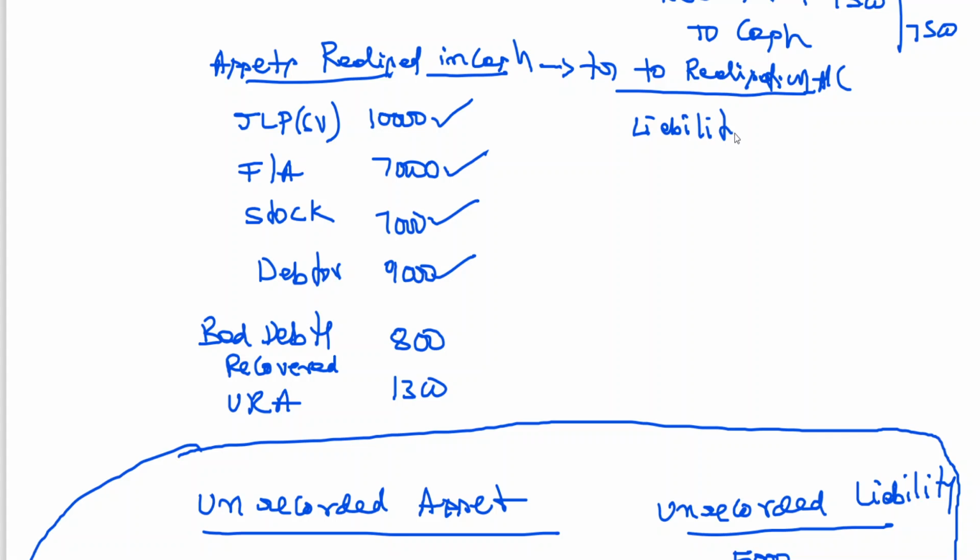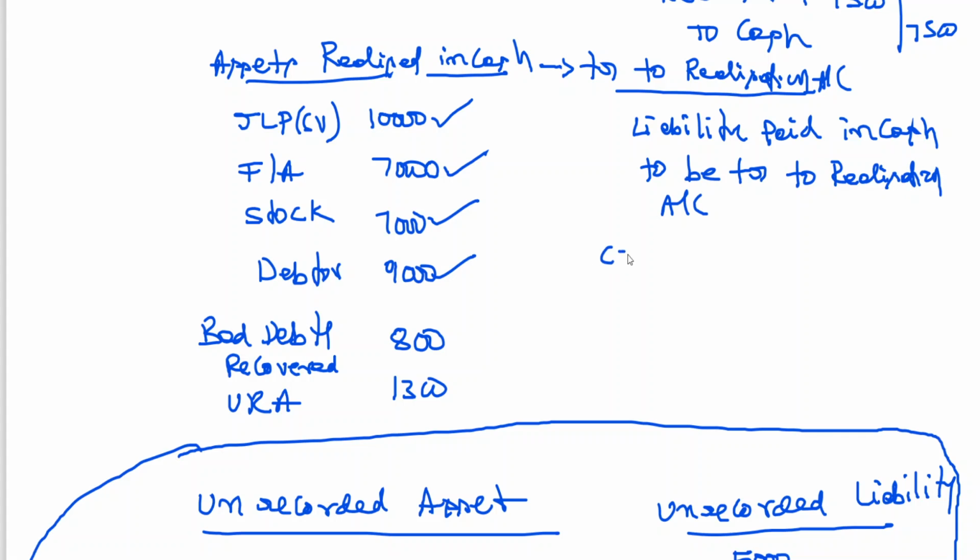Now liabilities paid in cash are to be transferred to realization account. Creditors paid in cash, no? Creditors paid in cash is how much? 7500, the balance after taking by the partner. Then unrecorded liability paid, how much? 2500.